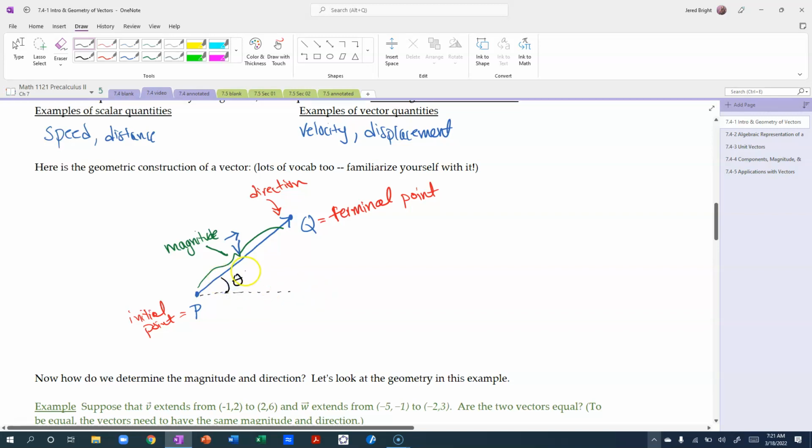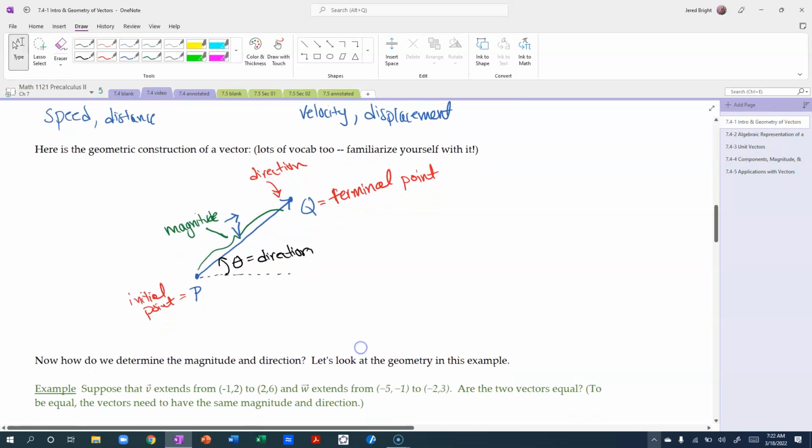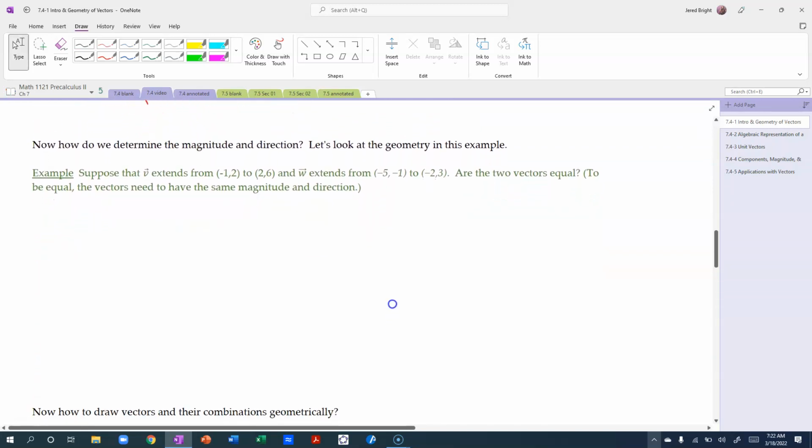You thought you were done with trig. You're not quite, but this would be the direction. Direction we always imagine from the horizontal position and how far we turn counterclockwise from there. We'll talk about how to measure that more formally in a little bit. So that's the basic idea of vectors.